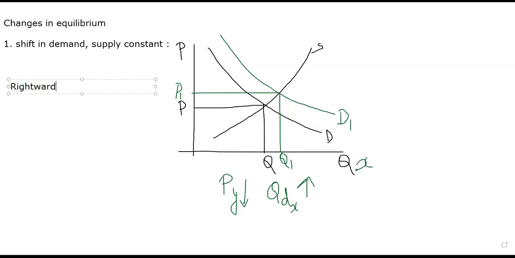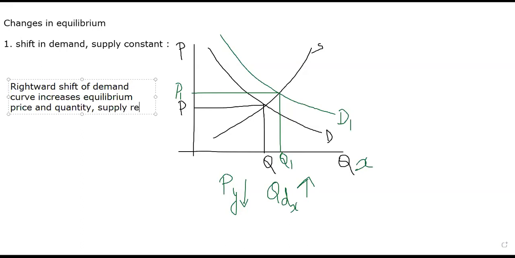You can learn the statement as it is. Rightward shift of demand curve increases equilibrium price and quantity, the supply remaining constant.